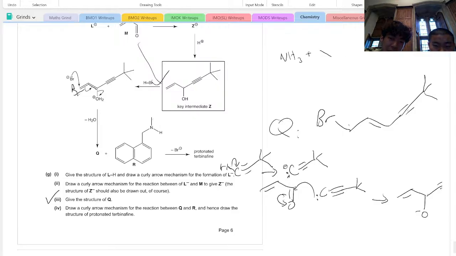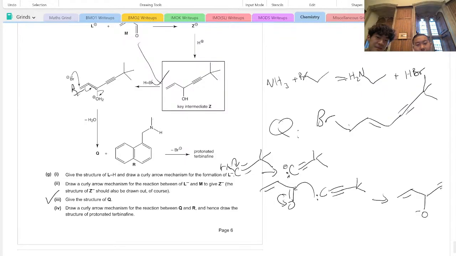NH3 plus Br equals H2N plus HBr. Now the problem here is, how does H2N react with HBr?